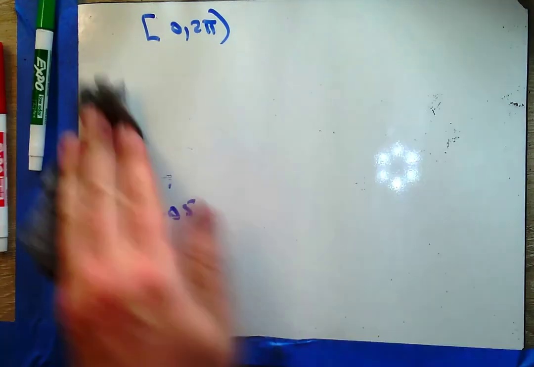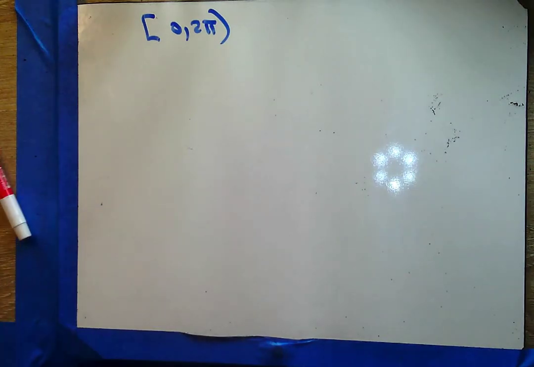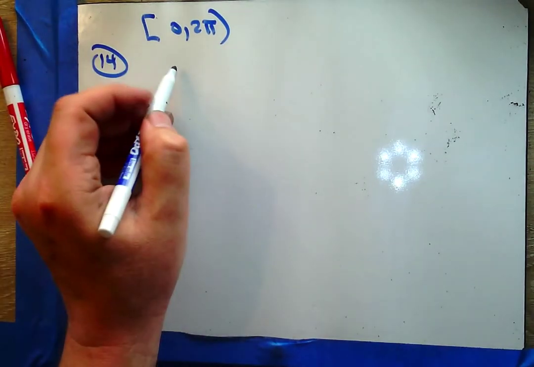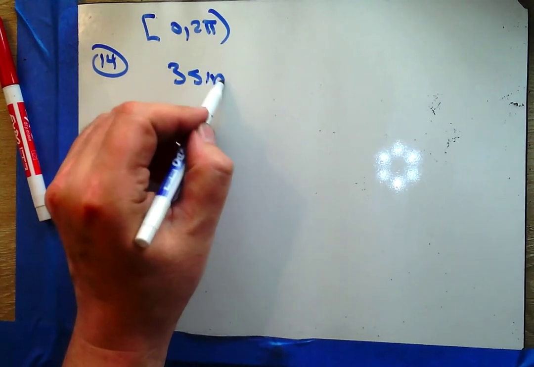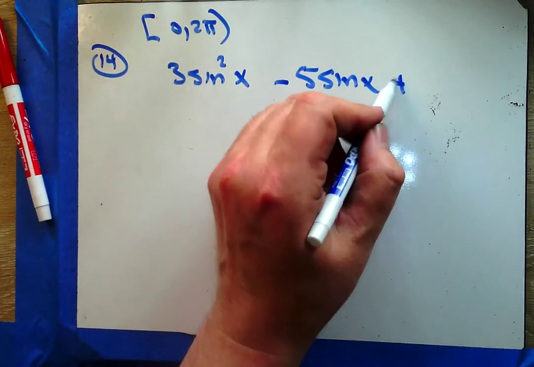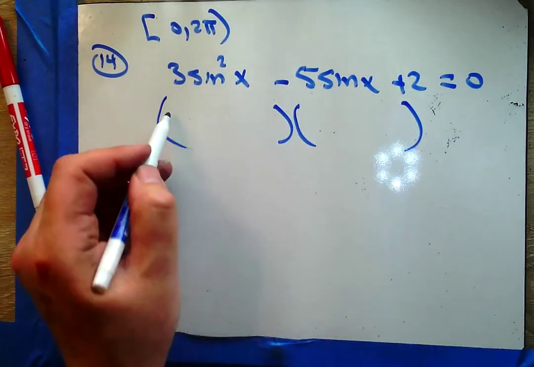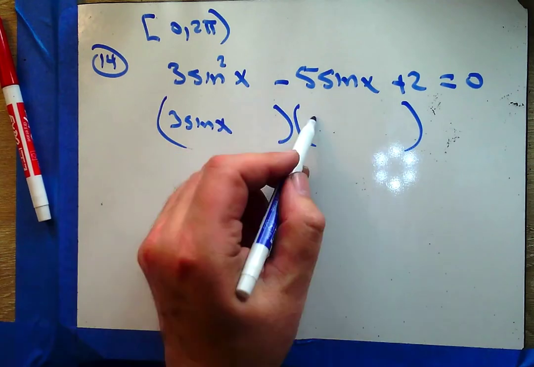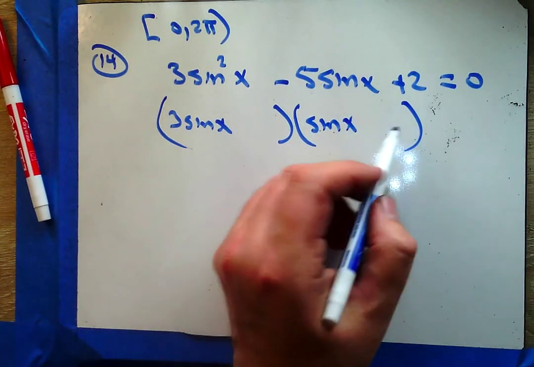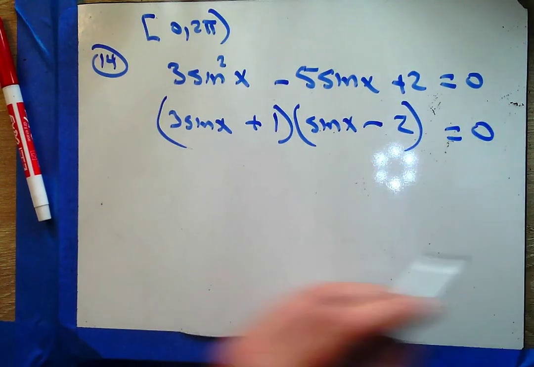Okay. 14 says 3 sine squared x minus 5 sine x plus 2 equals 0. So let's factor. 3 sine x, 2, 1, minus, and plus equals 0.